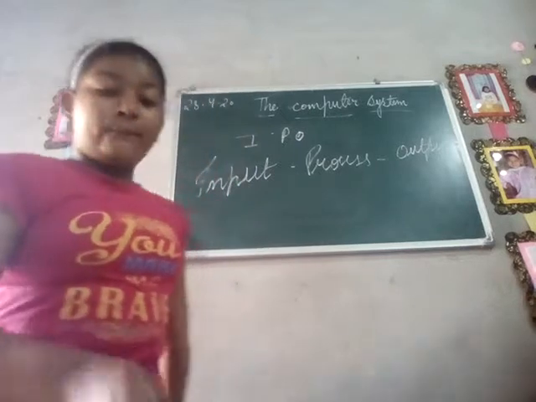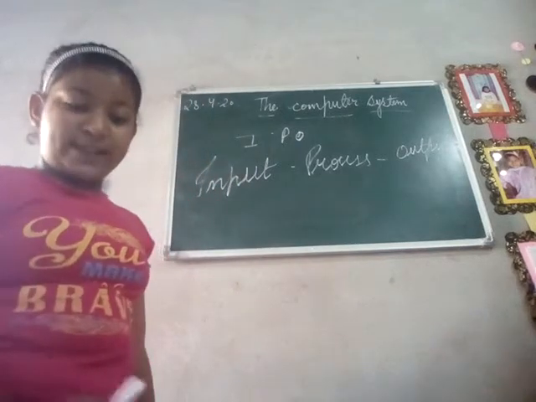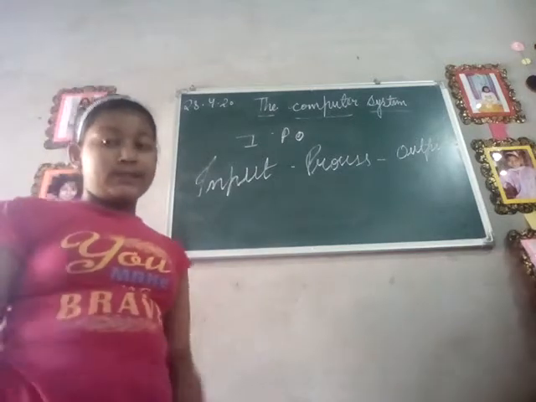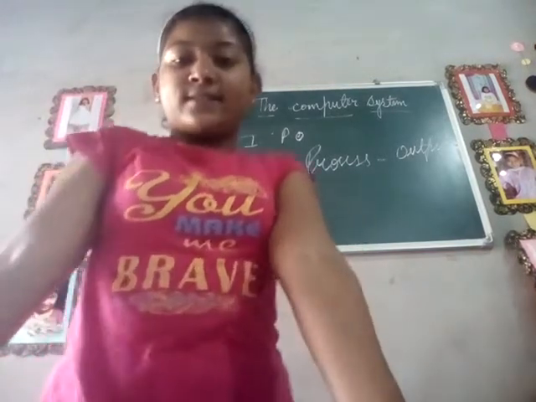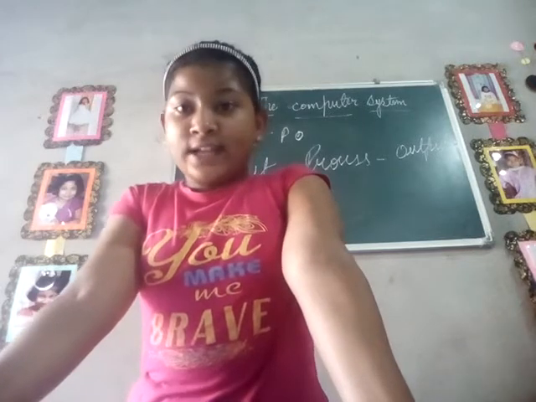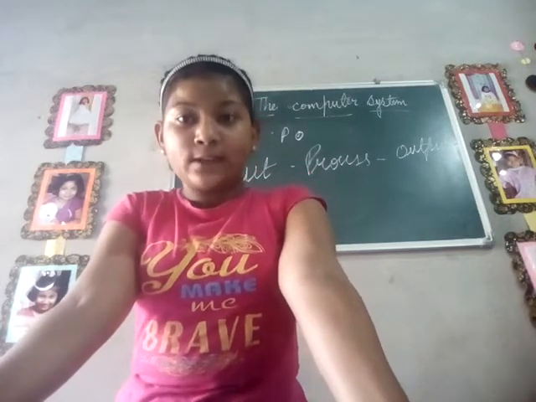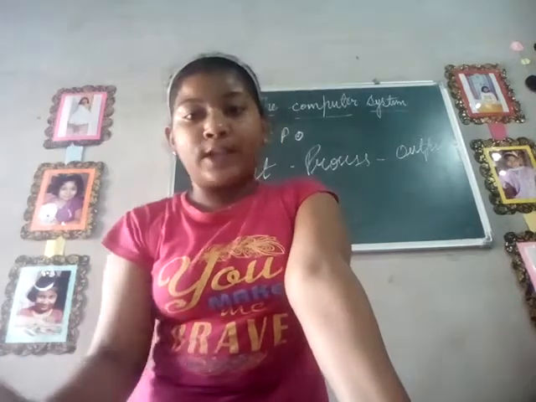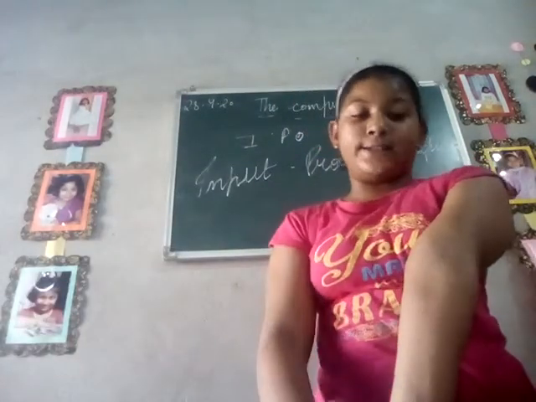Okay, now what are input devices? Input devices like keyboard. So first input device is keyboard. Keyboard consists of many keys. We take the keyboard and type something, and it appears on the monitor.